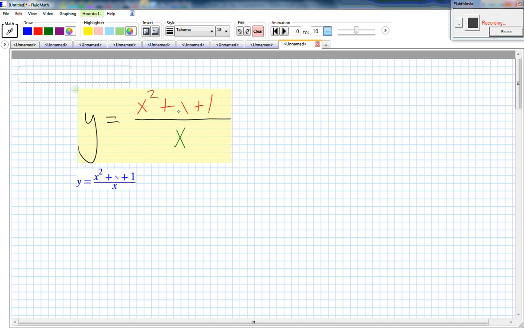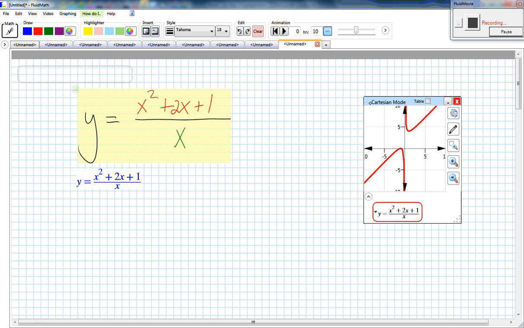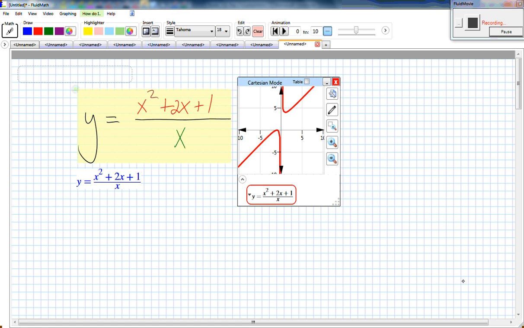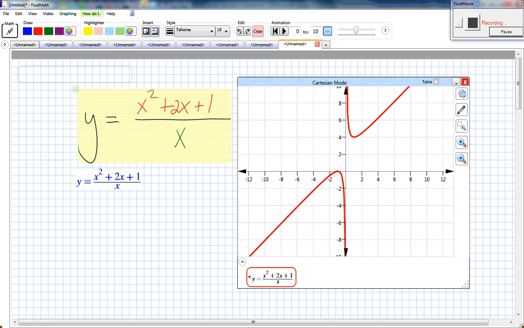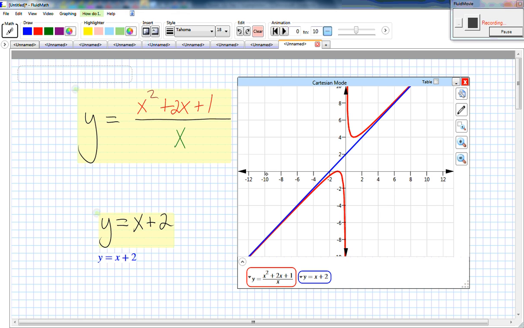Yeah, it's all mad at me now. My computer's almost out of memory, so I gotta get a new one. All right, so when we graph this, we should see this. Yep, there we go, that's good. Now, we came up with the equation y equals x plus 2. There we go. So when I graph this on the line, you can see that the oblique asymptote behaves the same.